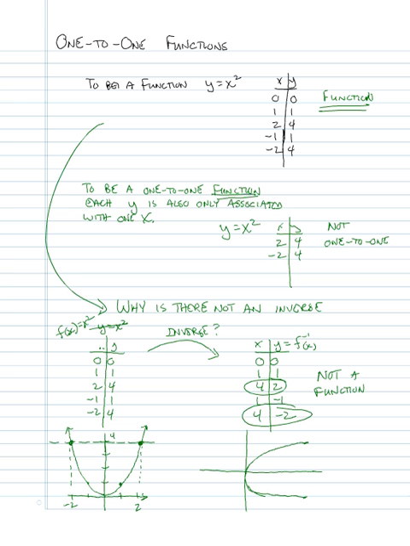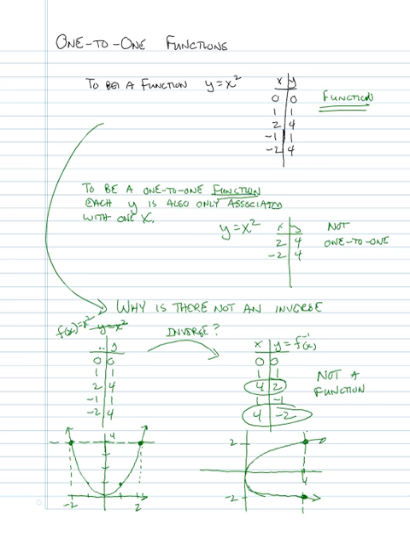And this is where 4 is. Remember, the y's got changed to x's, and the x's got changed to y's. So this is where 2 is, and this is where negative 2 is. We'd have something that looked like that, and that's not a function.